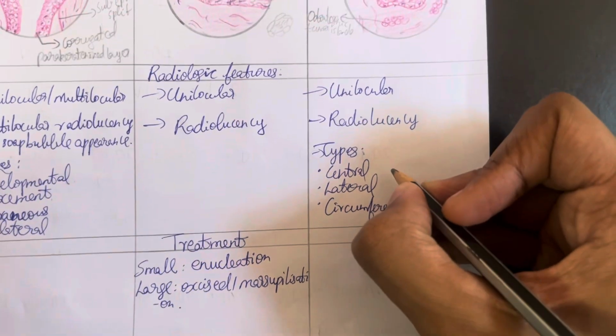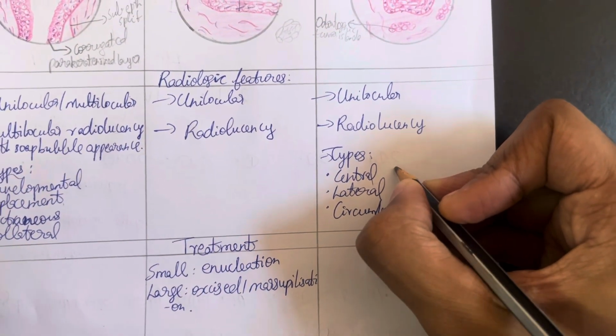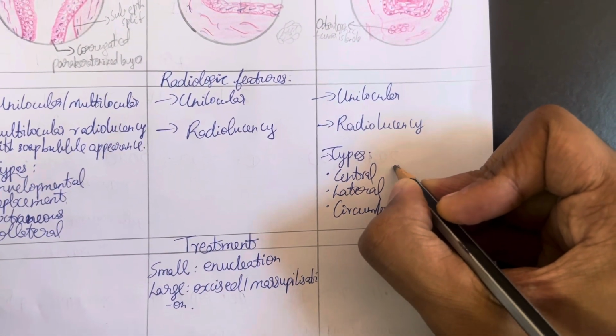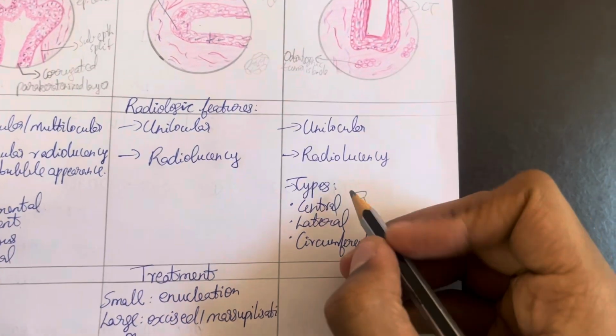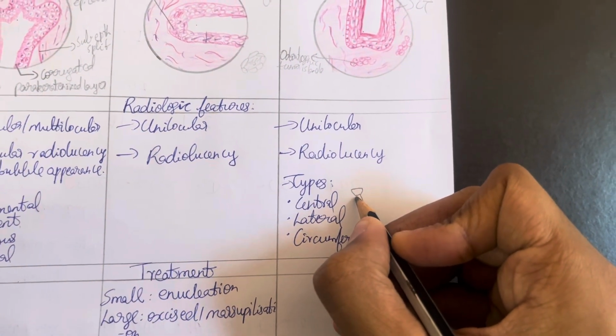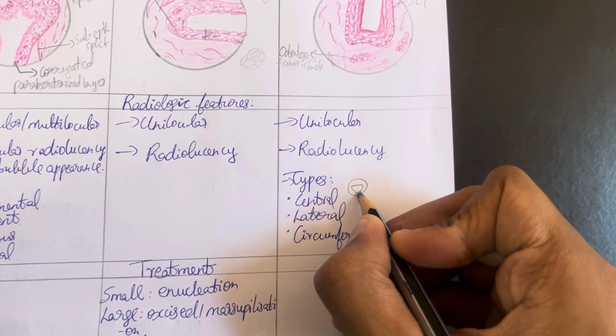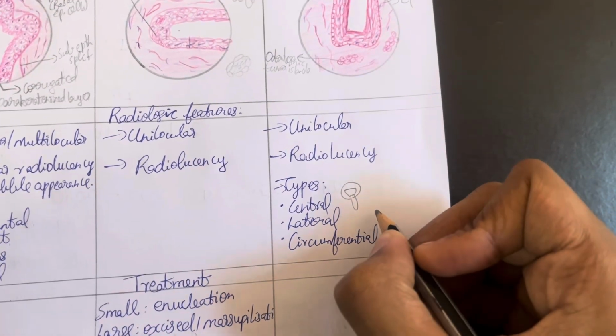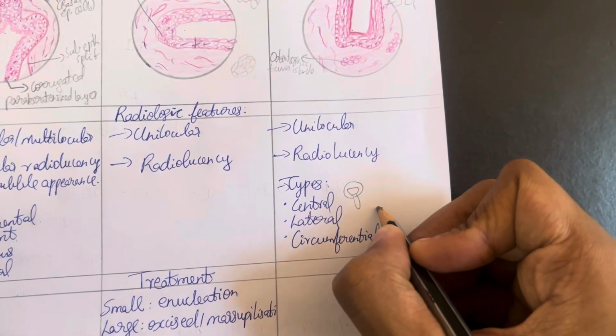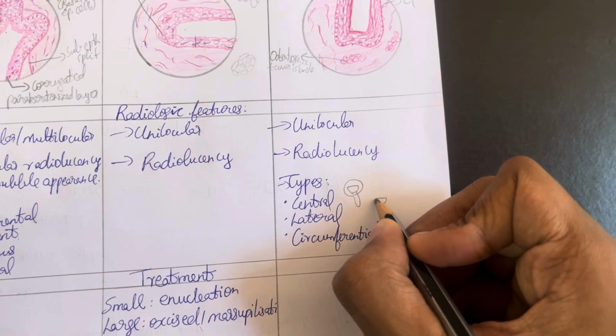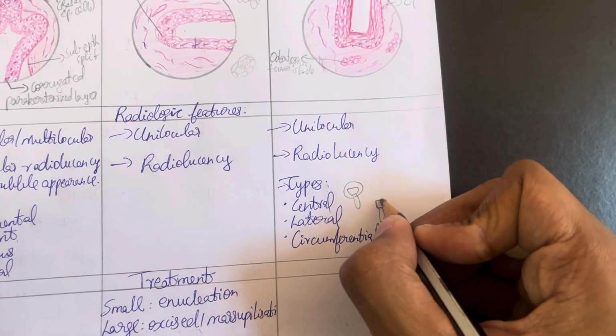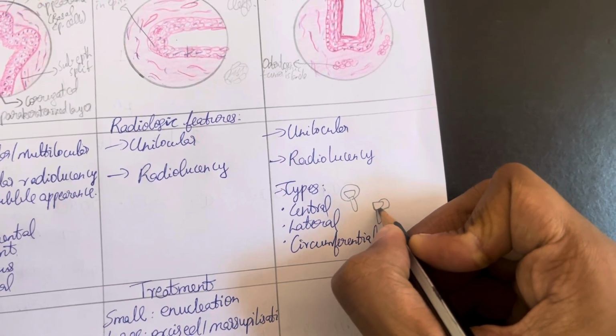Central, as we saw, covers the impacted tooth, right? So if you see the central type, the dentigerous cyst is like this. And if you see the lateral type, say this is the tooth, lateral covers like this.